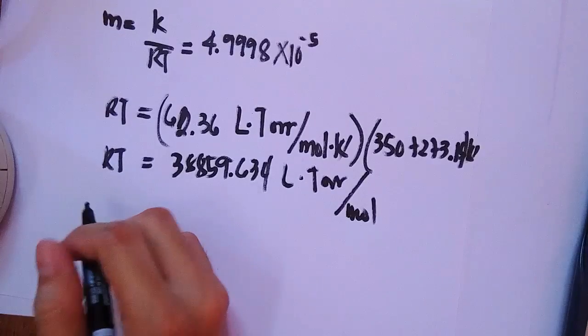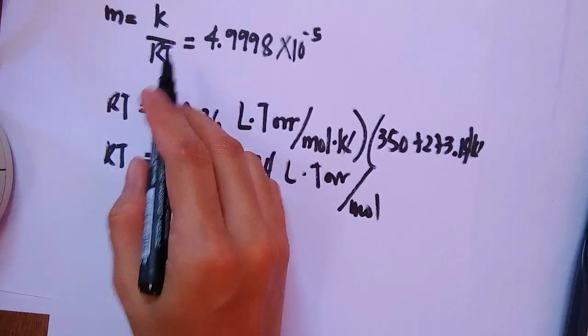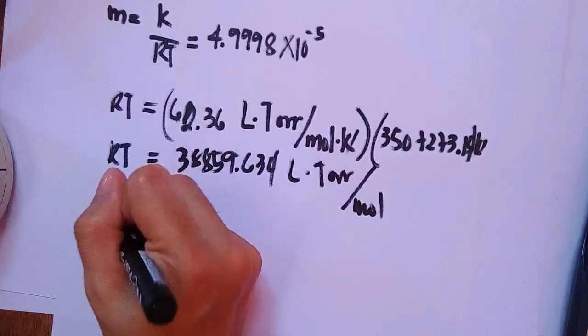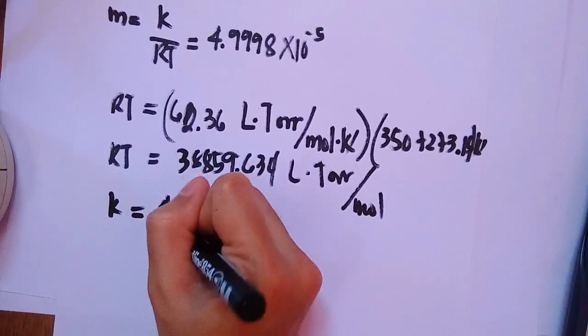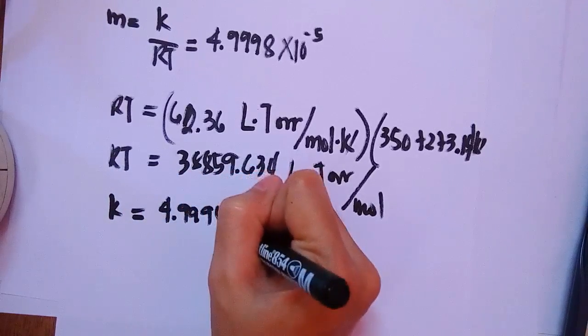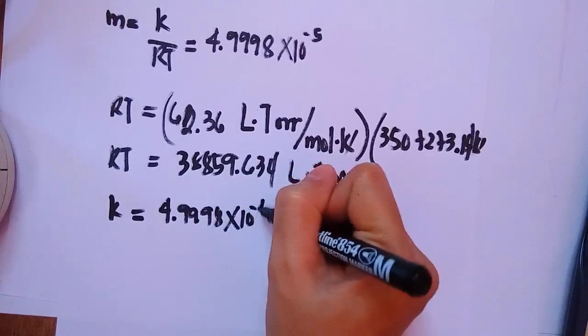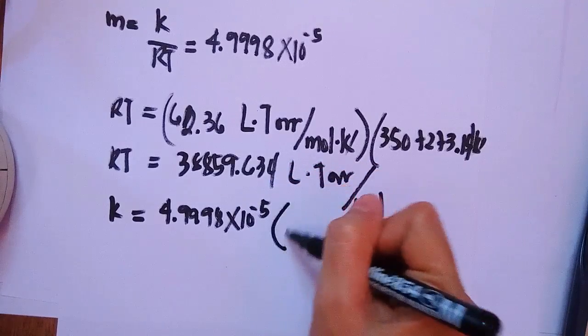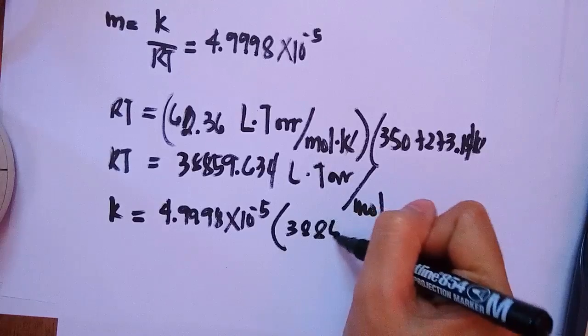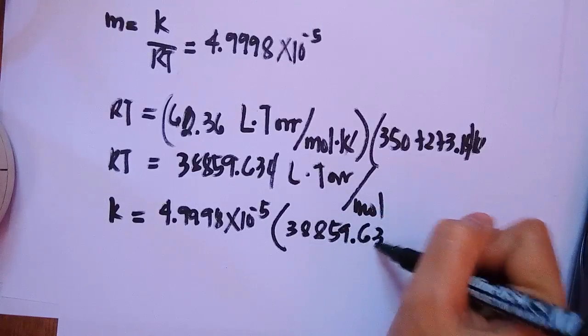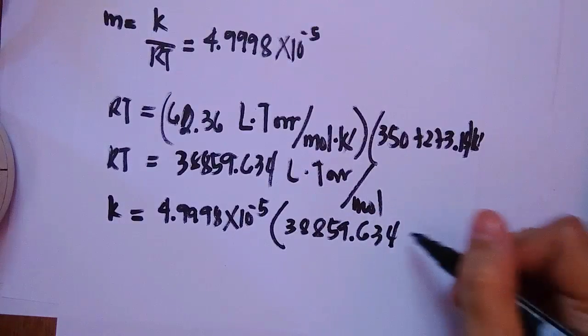So now we have to evaluate our k, which is 4.9998 times 10 to the negative 5 times 38859.634.